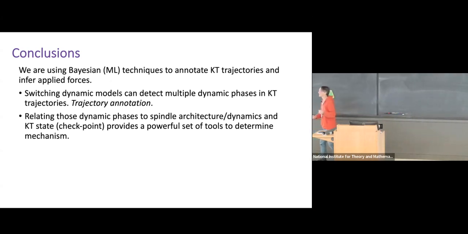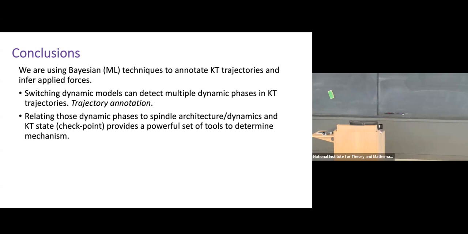That's still in progress. So we're using Bayesian techniques, part of the machine learning toolbox, to annotate kinetochore trajectories and infer applied forces. So we try and understand the mechanics. We have switching models which can detect multiple dynamic phases in kinetochores. So we can do this trajectory annotation.